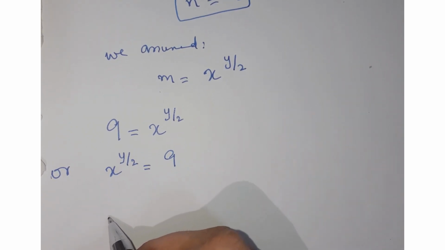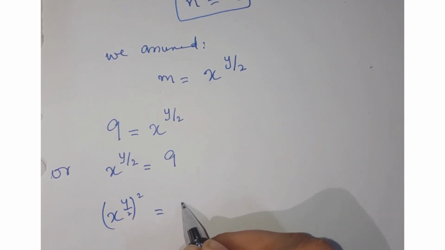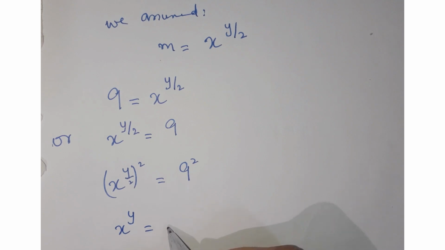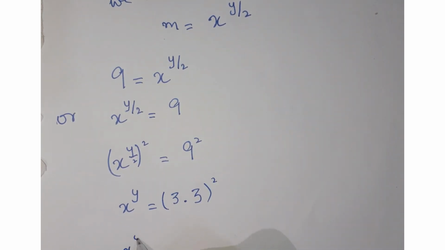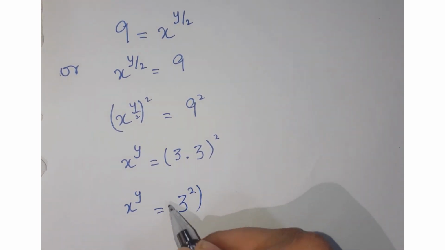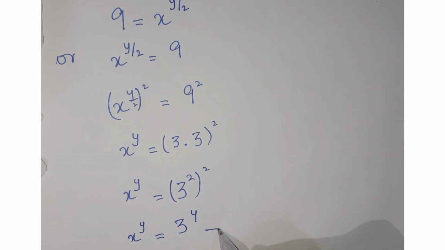Now apply squaring on both sides, so you get x to the power y is equal to 9 square. This 9 can be split up as 3 into 3, so x to the power y is equal to (3 square) whole square, or x to the power y is equal to 3 to the power 4. Just call it equation 3.